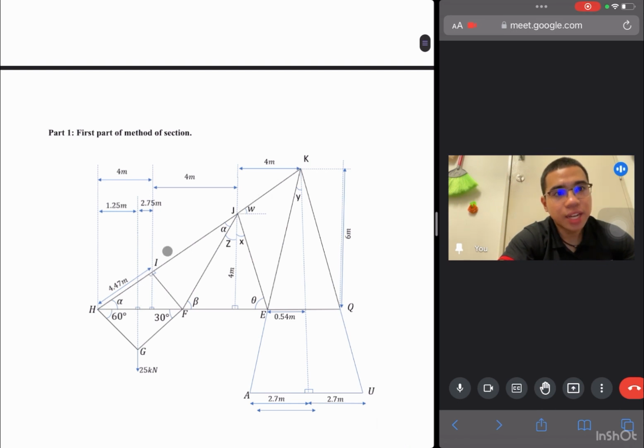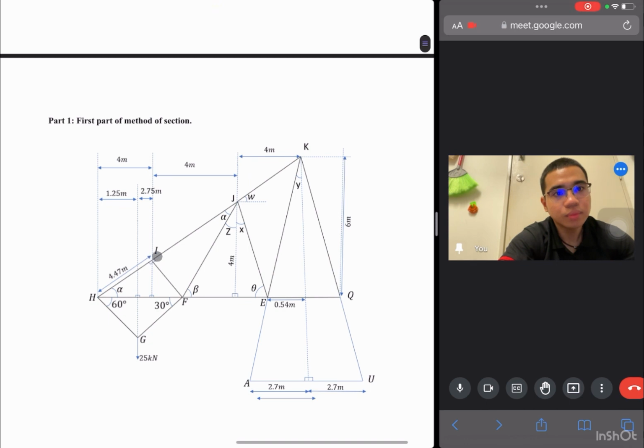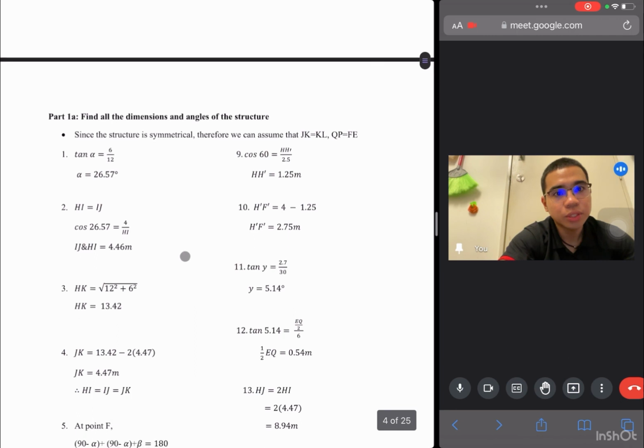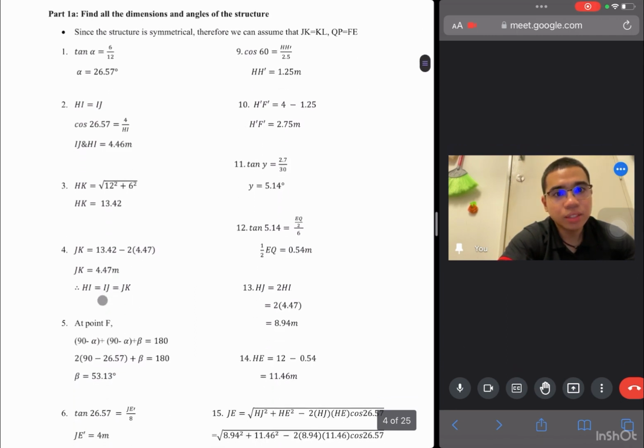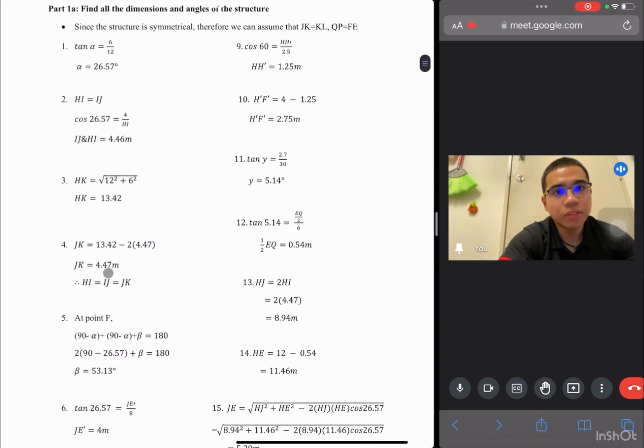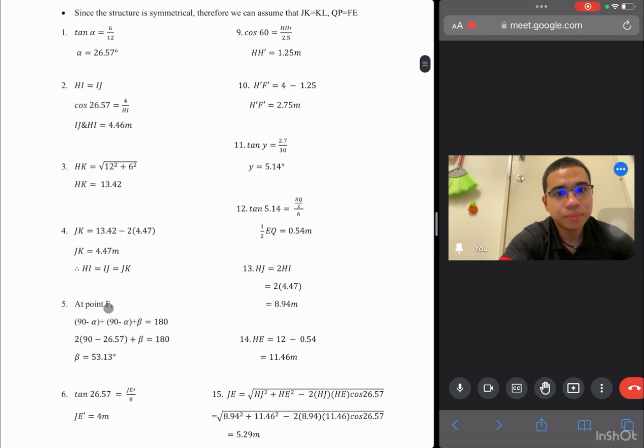Since HI equals IJ equals JK, these are equal lengths, so we just need HK minus 2HI, or HK minus HI minus IJ. We get 4.47 also. So we can conclude that HI equals IJ equals JK.